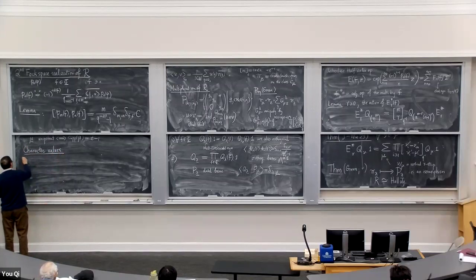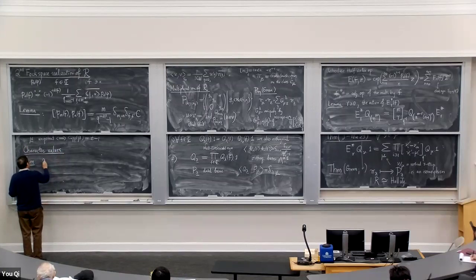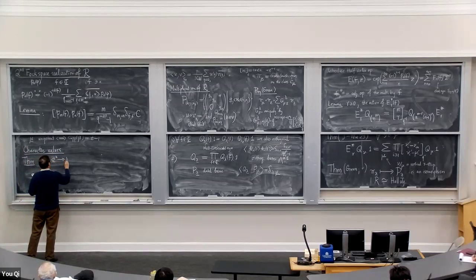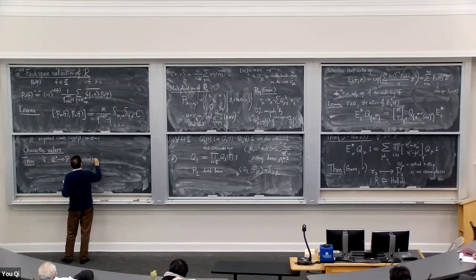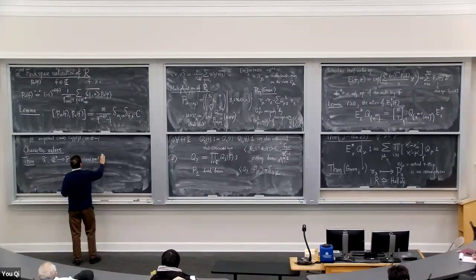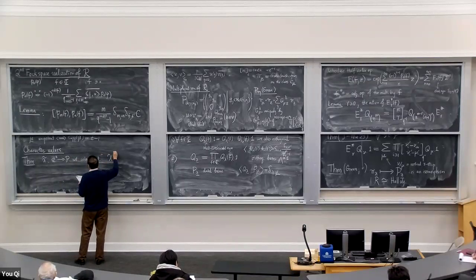So first of all, for the weighted, suppose you have a weighted color partition, and you have an irreducible character.